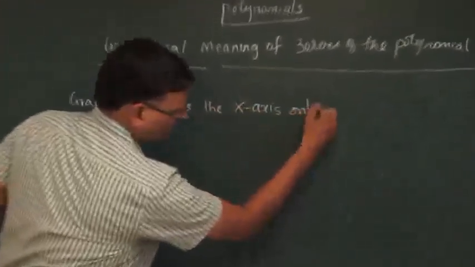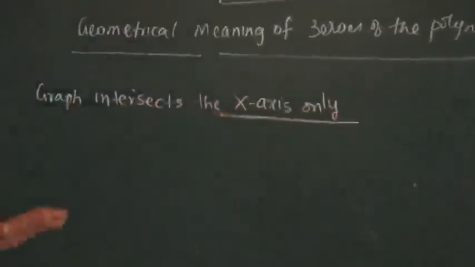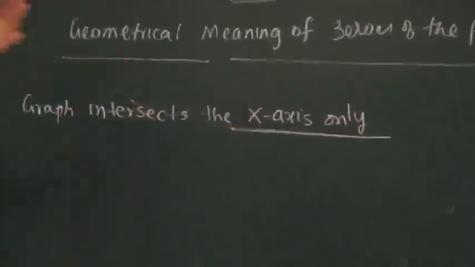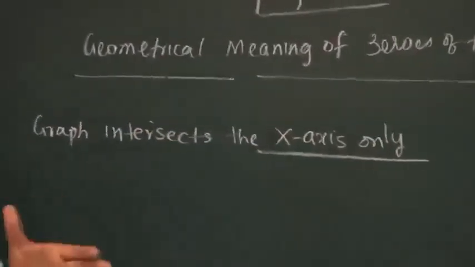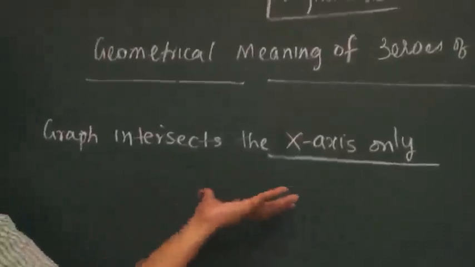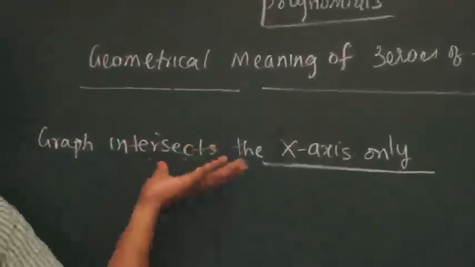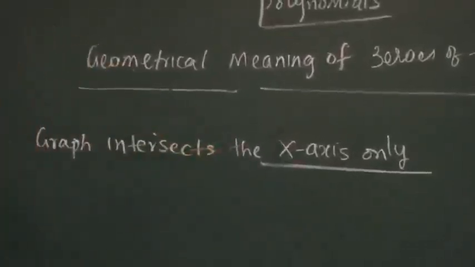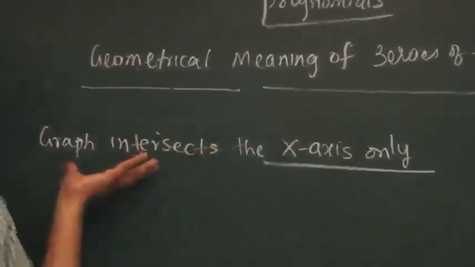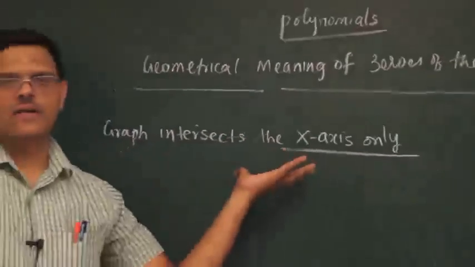The values we find on the x-axis, either on the left side or right side, positive or negative, will be the zeros of the given graph.